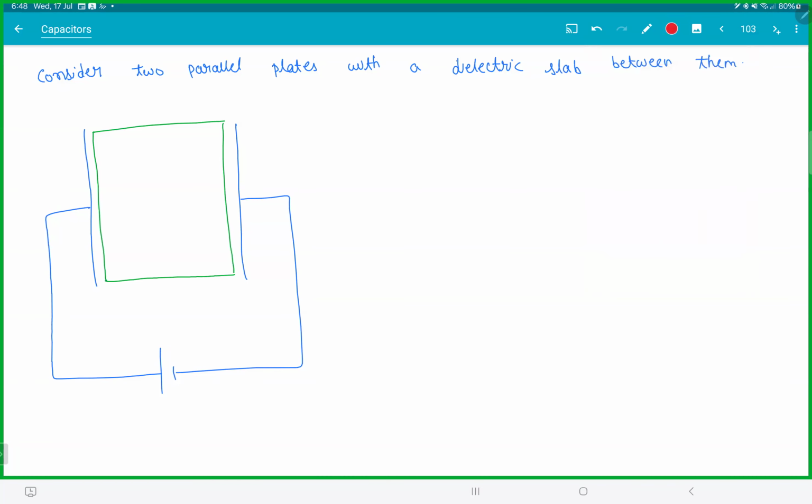So the moment you connect this thing, right? So this thing will have plus Q. So there is a plus charge on this plate. There's a minus Q charge on this plate.